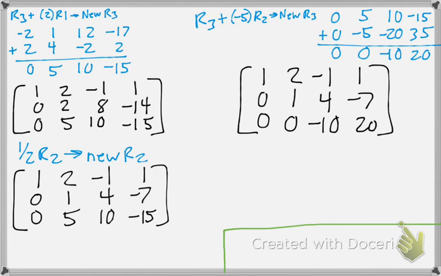Okay. So then, lastly, I want to get a 1 in this position. I can do that if I take -1/10 times row 3 to get the new row 3.